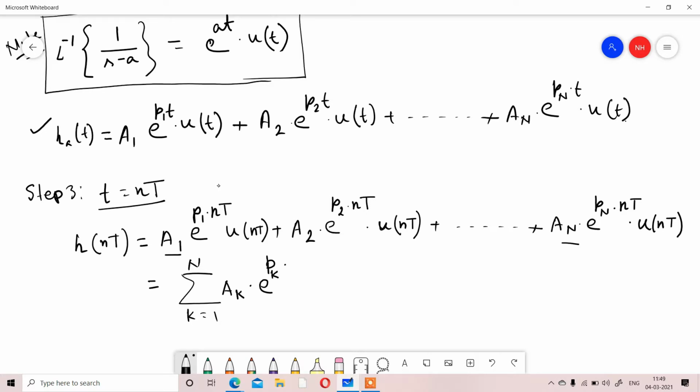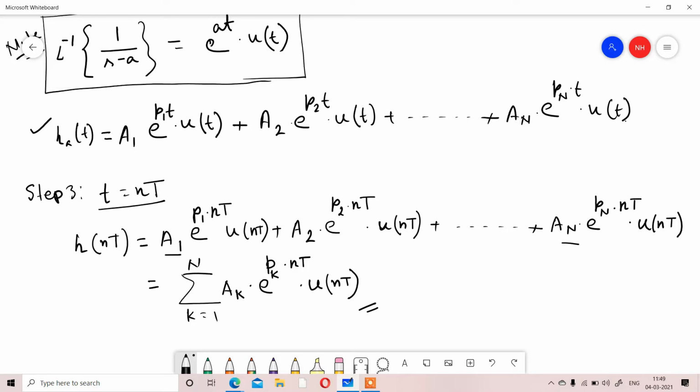into nt, into u of nt. So that will be your value for the sampled sequence.